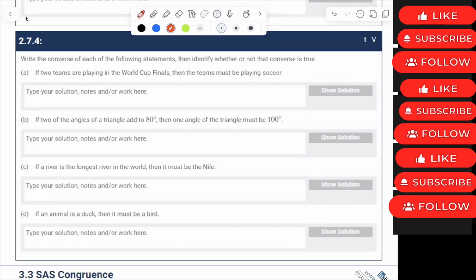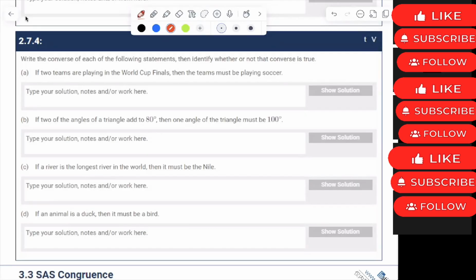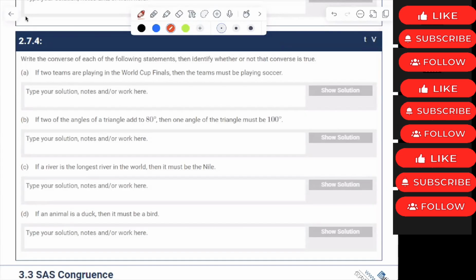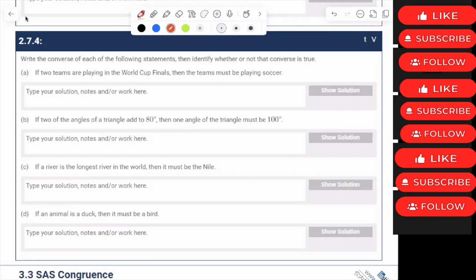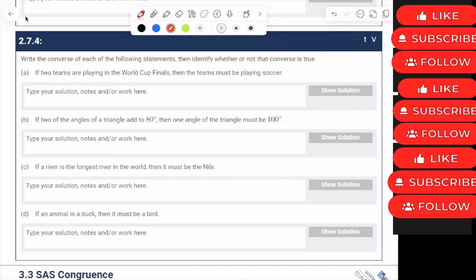If two teams are playing in the World Cup finals, then the teams must be playing soccer. The converse: if the two teams are playing soccer, then they must be playing the World Cup finals. This is obviously false.